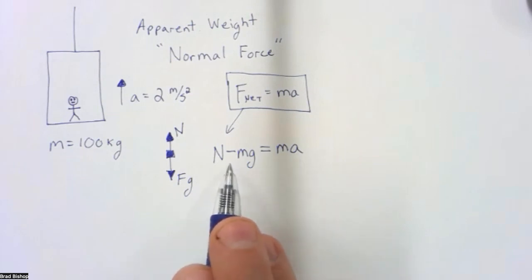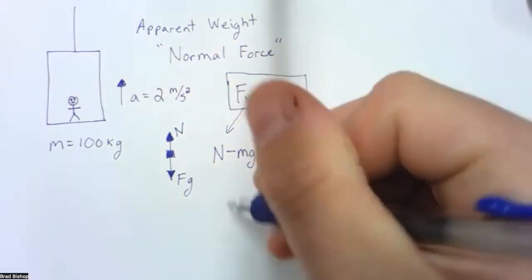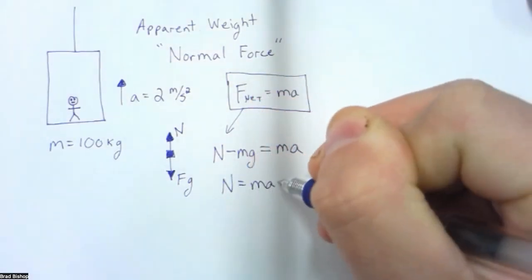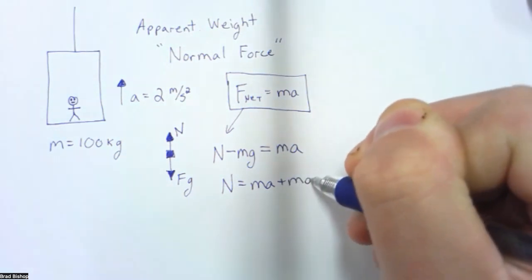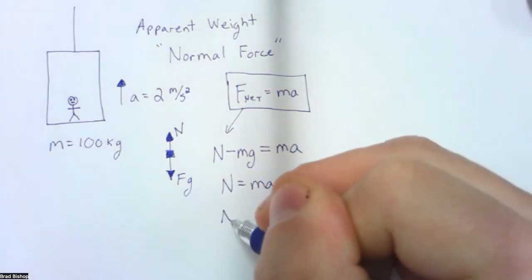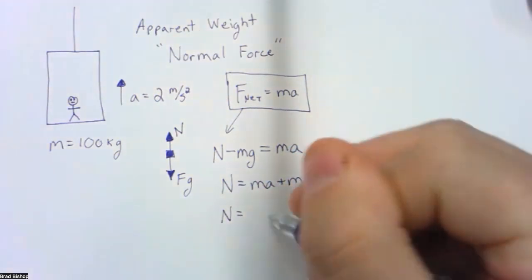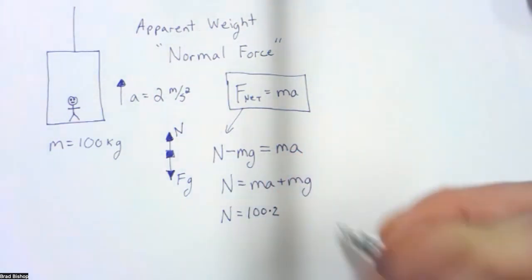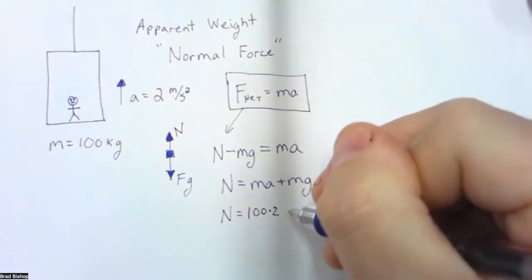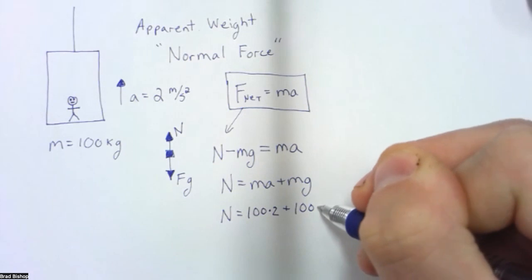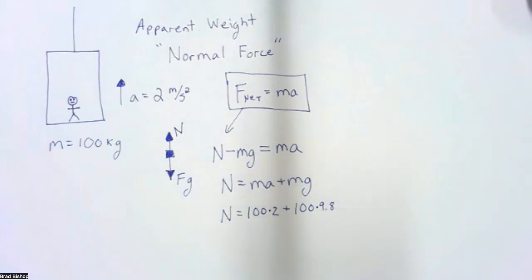So if I wanted to find what my normal force was, what would that normal force be? We would just move the weight to the other side, and we find ma plus mg, or the normal force is equal to 100 times 2, which is 200, right? That's mass times acceleration, plus the weight of our person, which is 100 times 9.8, which is what g is.